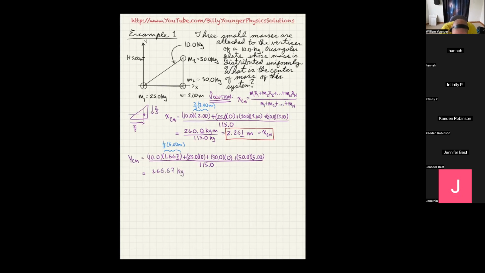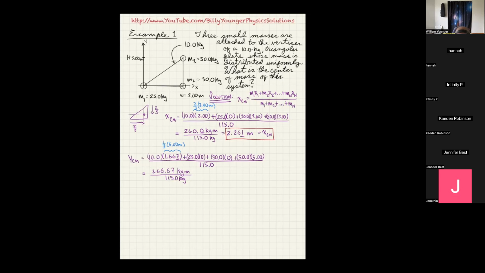And that would be units of kilograms meters. And all that's going to be divided by 115.0 kilograms. We know the sig figs places are right in the denominator. The numerator, when I multiply 10 times 1.667, that's 3 sig figs times 3 sig figs. So that gives me 3 sig figs. And the number is going to be about 16.6.